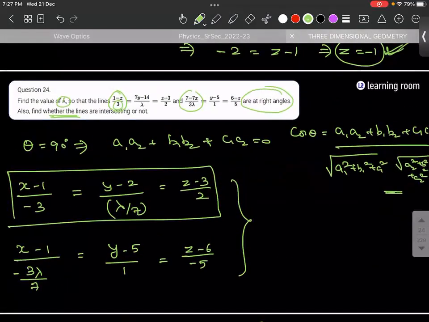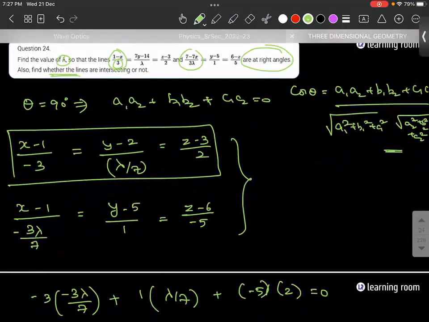By looking at the direction ratios, you can say the shortest distance is going to be... If the shortest distance is 0, it means they are going to intersect, no? Oh, that's what, sir. If the lines are intersecting, then the shortest distance is 0. You can use that concept. Yes. Conceptually, it is right.